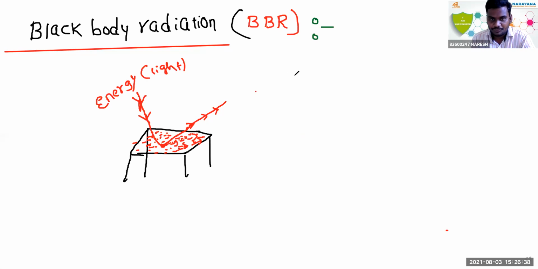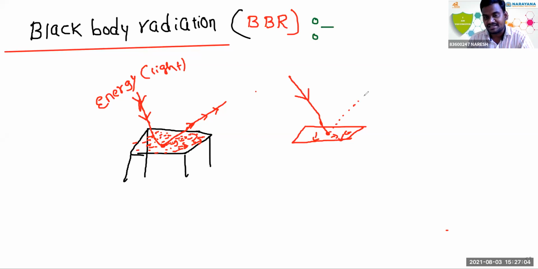So listen, all of you, when a radiant energy falls on the surface of a metal, some energy is absorbed by the body, some energy is transmitted, and some remaining energy is reflected.